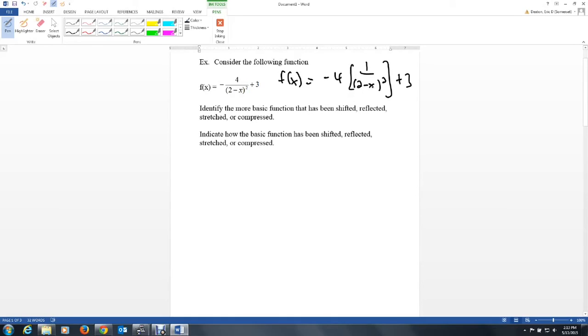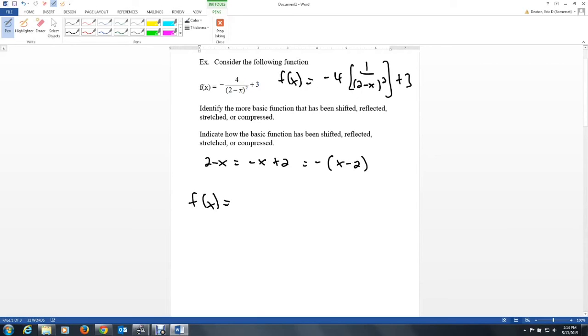The next thing I want to do is worry about this 2 minus x. First, I rearrange it to negative x plus 2, because the minus sign is on the x and 2 is positive. Then I factor out a negative 1, or just a minus sign. When I factor out a negative, it changes the sign of each term. So the 2 minus x is negative parentheses x minus 2.